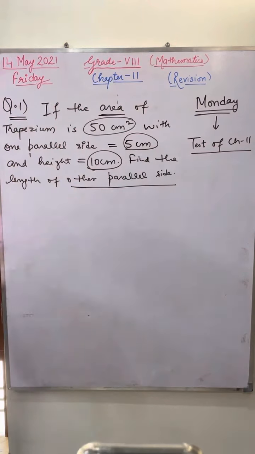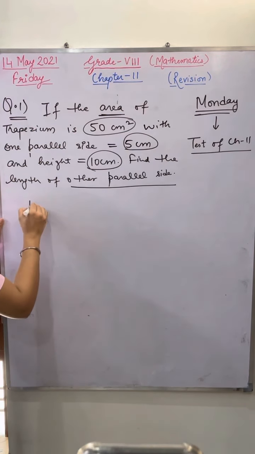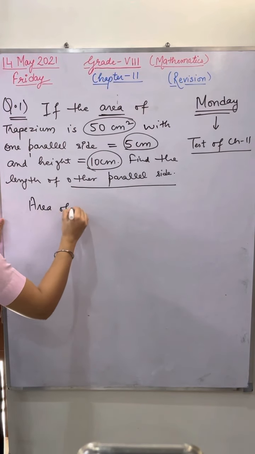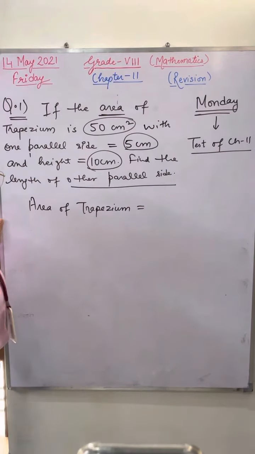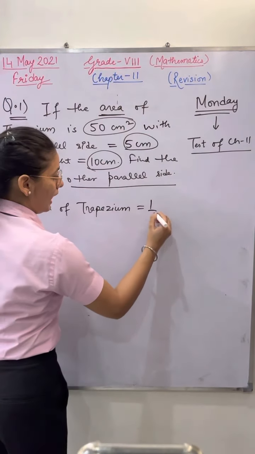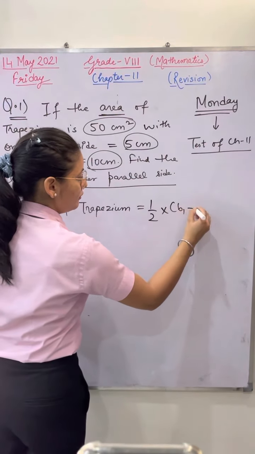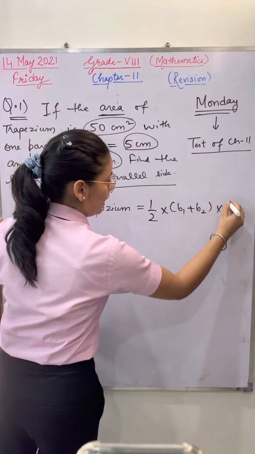Very, very easy. Now look here quickly. Area of trapezium. First of all, tell me the formula of area of trapezium. That is equal to half multiplied by B1 plus B2 into height.